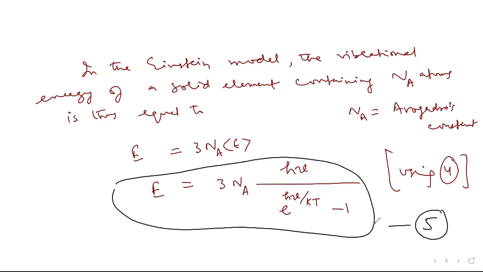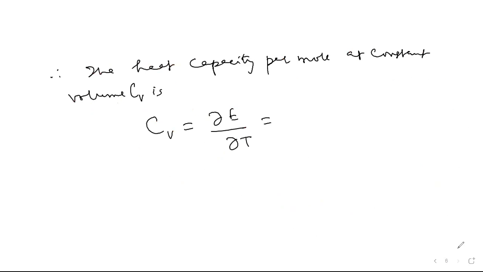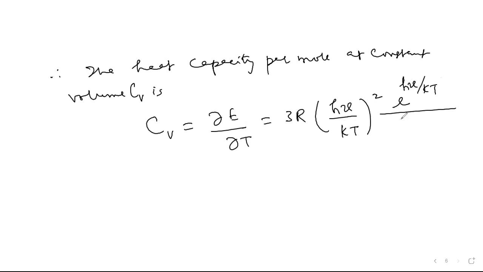Using equation 5 for E, I will write directly: it is 3R times (h nu by kT) squared times e raised to the power h nu by kT over (e raised to the power h nu by kT minus 1) squared. What we have done is used equation 5 for E.